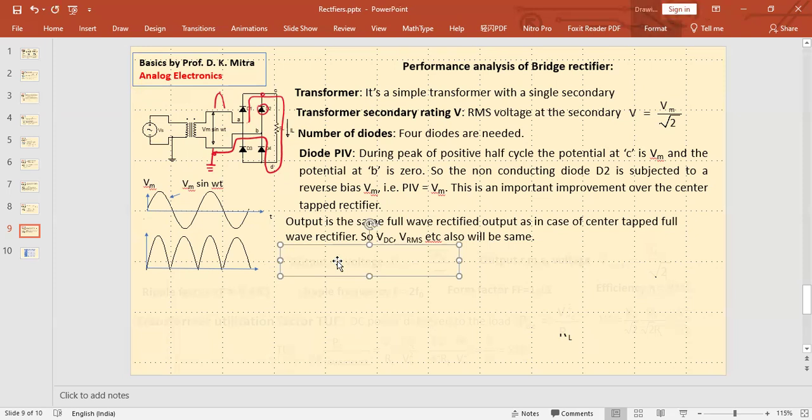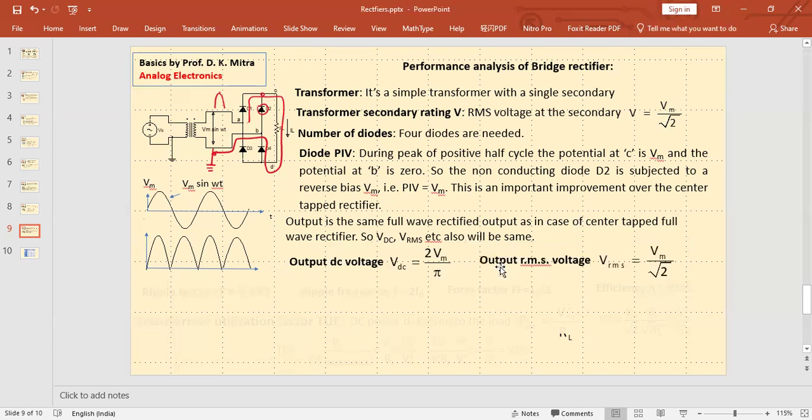Just to repeat once again, output DC voltage is 2 Vm by pi, like in a full-wave rectifier. Output RMS voltage is Vm by root 2. Ripple factor will be 0.483. Ripple frequency is 2f0. Form factor is 1.11. Efficiency is 81%. So overall, it appears to be a good rectifier.